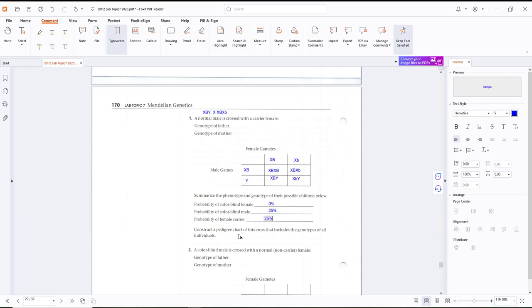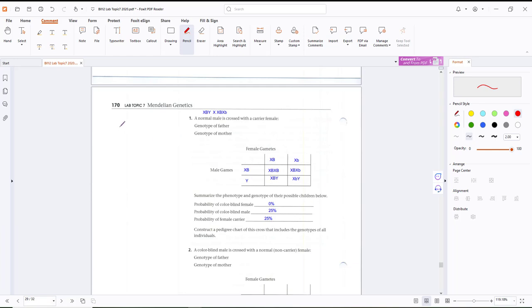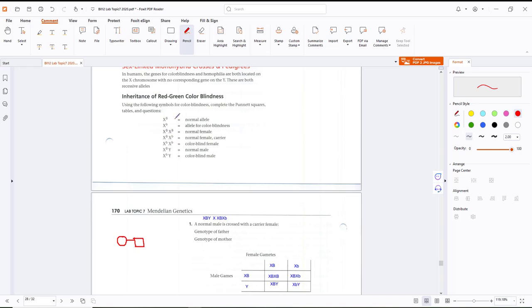Construct a pedigree chart of this cross that includes the genotypes of all the individuals. Okay, so when we do a pedigree, remember squares are males, and circles are females. Okay, so we have a circle for mom. She's married to dad. When we do the pedigree, a normal would be unshaded, so a normal female would look like this.